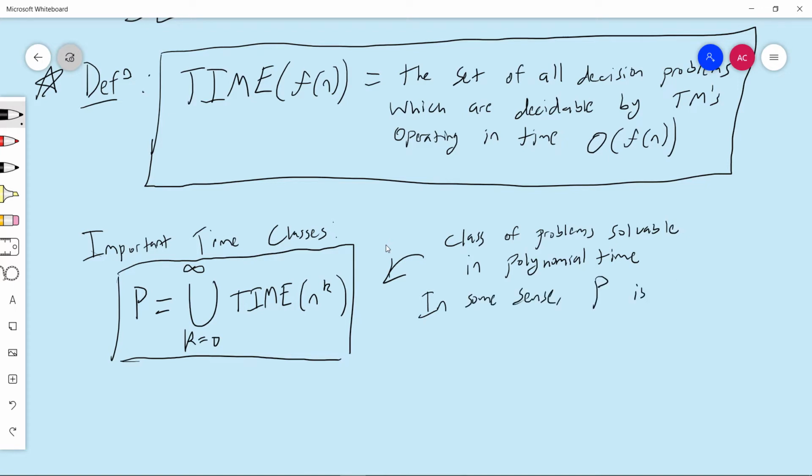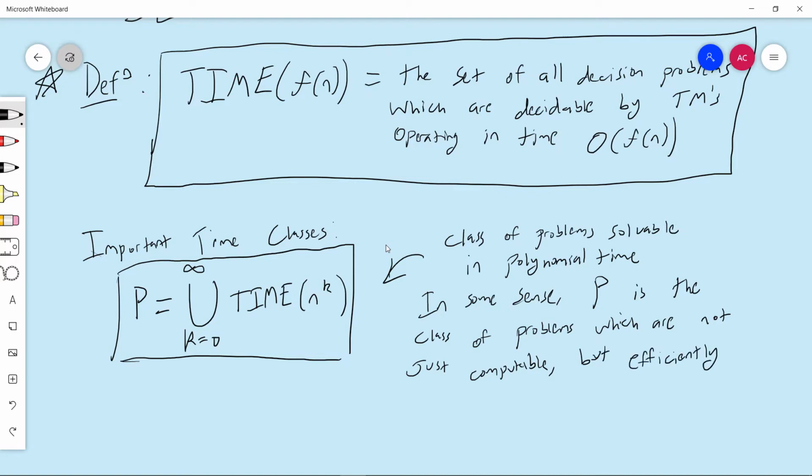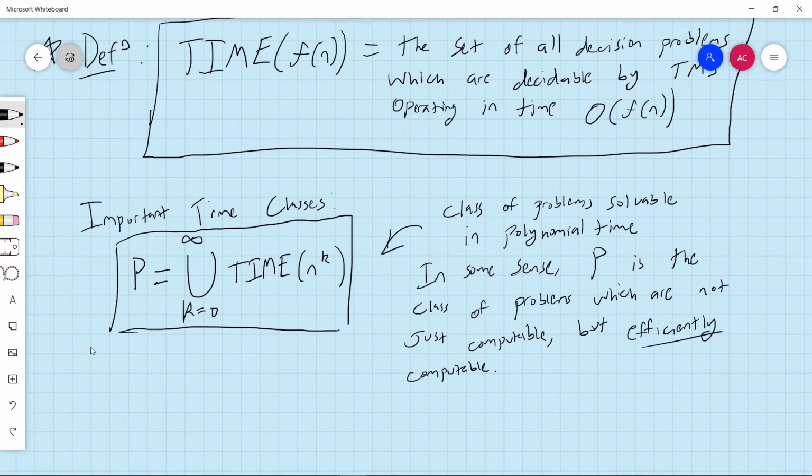P is the class of problems which are not just computable, but efficiently computable. And so that's where the importance of P comes from.